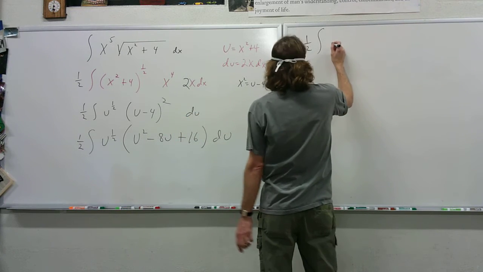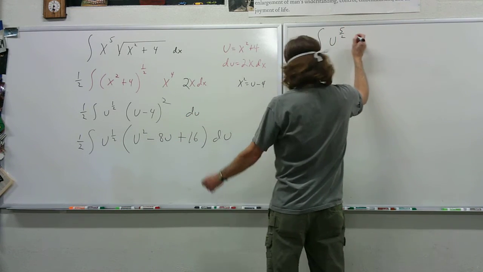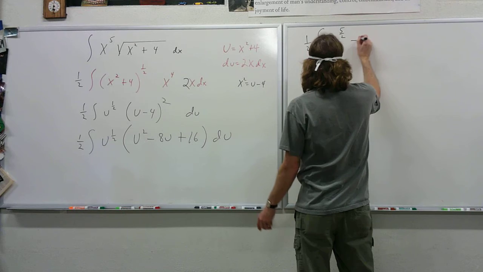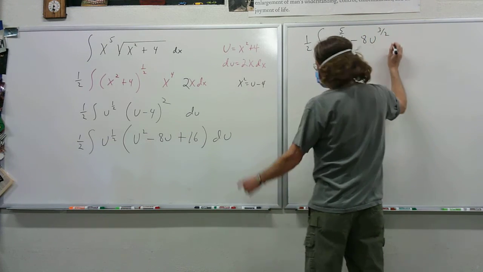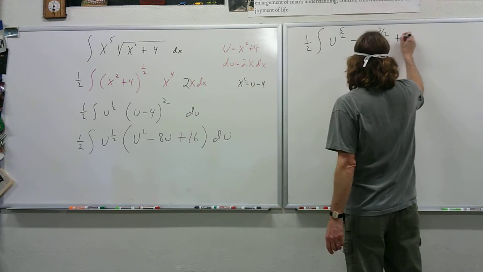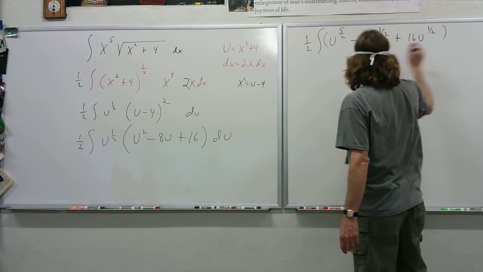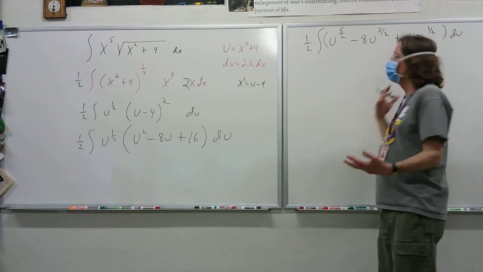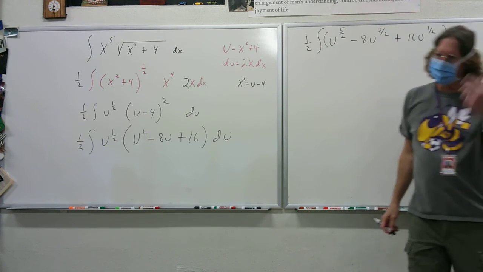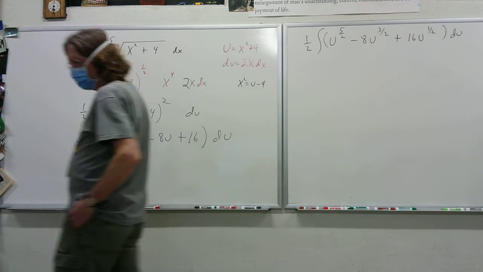Multiply that, that's going to be u to the 5/2 minus 8u to the 3/2 plus 16u to the 1/2, all in parentheses du. You've got it now into a polynomial of u du's. You use your rule, and you're on your way.